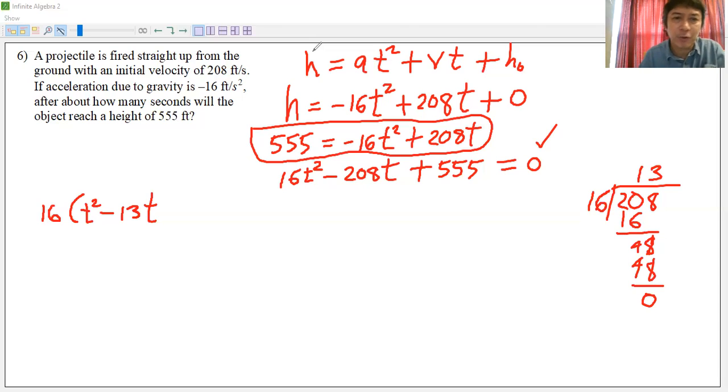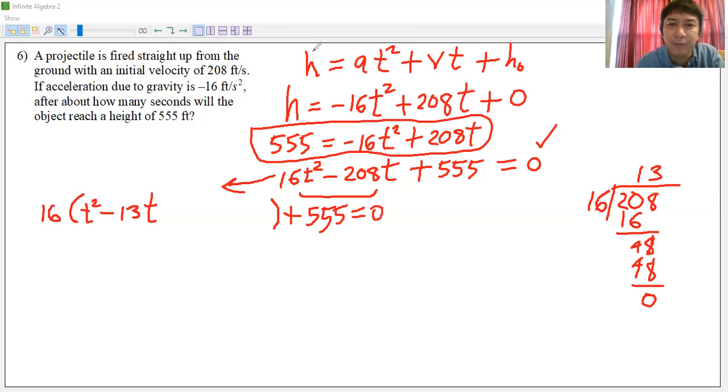Okay, and so we're trying to continue here. All right. So this is 16, and then you have to factor the 16 out. This will now be the first two terms here. Okay, the first two terms will appear this way, and we shall be providing a space after that, followed by the plus 555 equals 0 there.